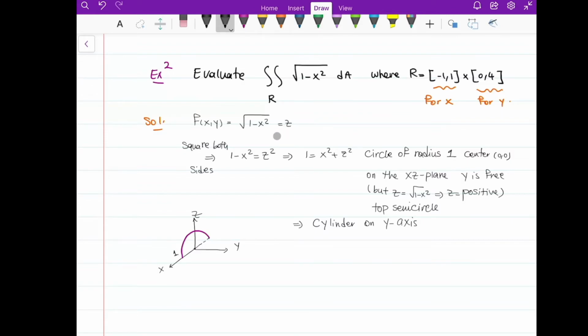And then y is free, so it moves along the y-axis, something like this, you see? Something like that, right? And then region R, x is from -1 to 1, perfect. It's from -1, which is this point in here, to 1, and y is from 0 to 4. So it's 0, I can go up to 4. Okay, let me show you the graph as well.